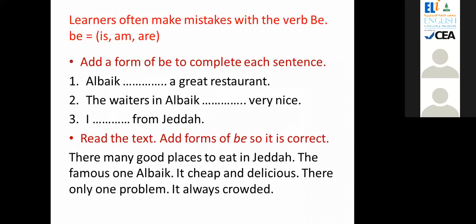The Cambridge Corpus suggested that learners often make mistakes with the verb to be, I mean with is, am and are. I want you to look at these three sentences and add a form of be to complete each sentence.